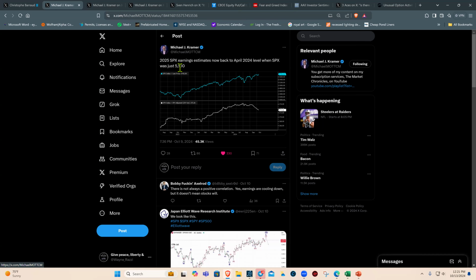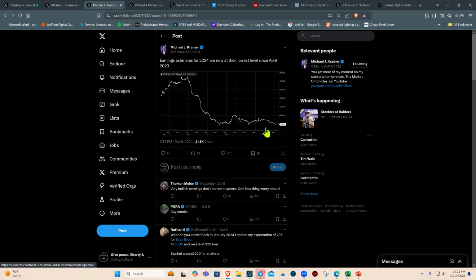But you're back to when the SPX was at, that would be SPY 510. So you're about 15% higher than that, roughly speaking, in SPY than when you last had these estimates. Here's where the 2024 estimates are now for the full year.